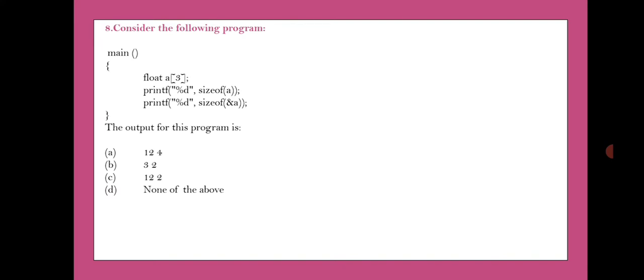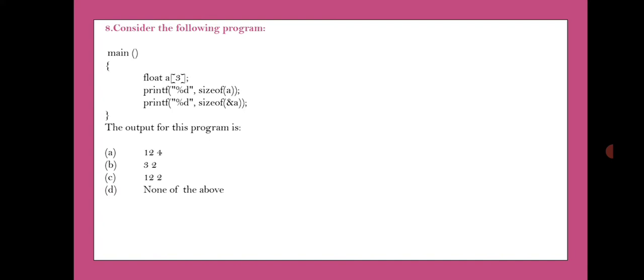We all remember the difference between a and &a. &a has type pointer to array of 3 floats, or float (*a)[3]. So sizeof &a is the size of a pointer, that is 2. Size of a is 12, since a float is 4 bytes, right?